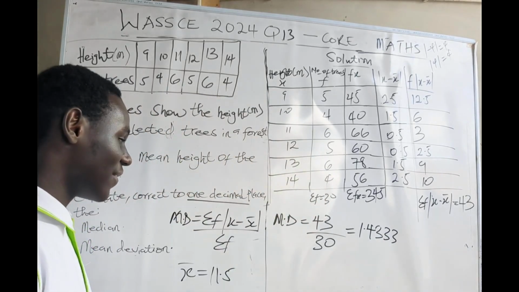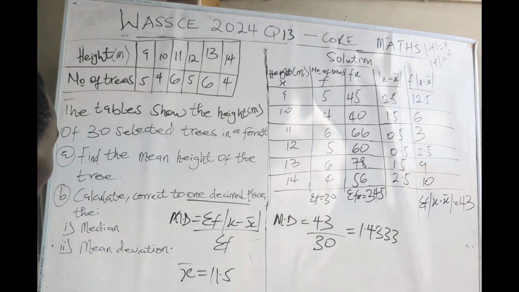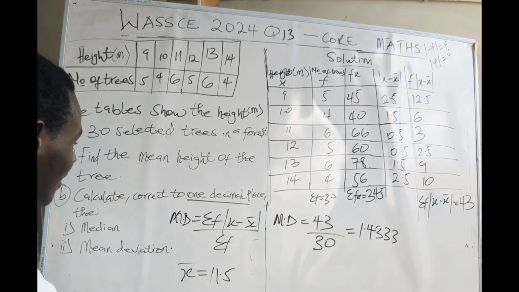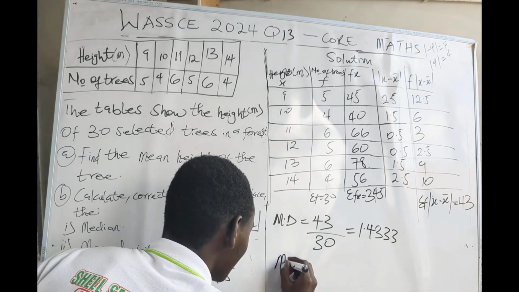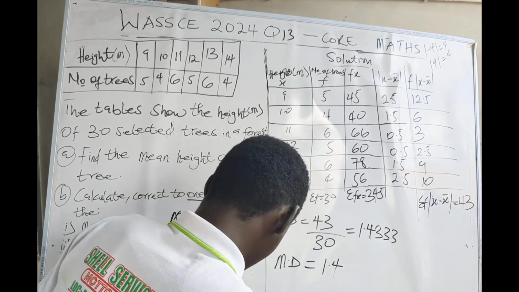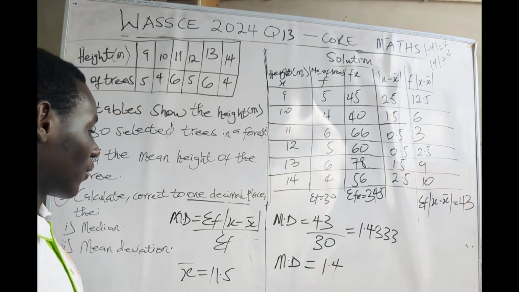So we can say our mean deviation is equal to 1.4333. But the question demands us to correct our answer to 1 decimal place. So we can say our mean deviation is equal to 1.4. Now, as you can see, our mean deviation is equal to 1.4.